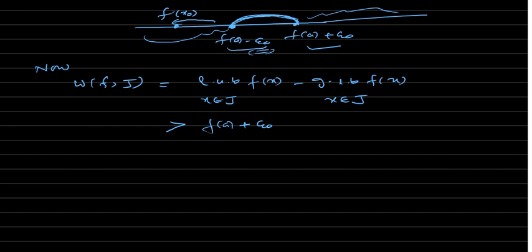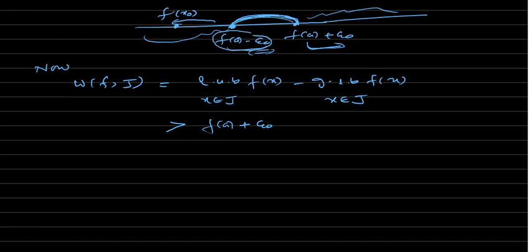So the least upper bound is greater than here, because f of x does not lie in this interval, so this is not the least upper bound. The least upper bound is a number which may be greater than this, and this is not the GLB.